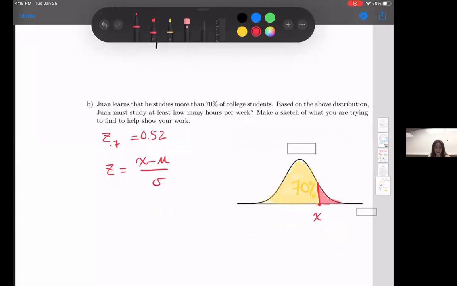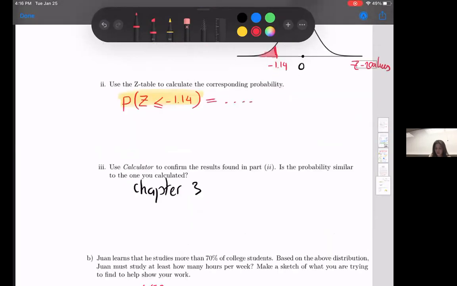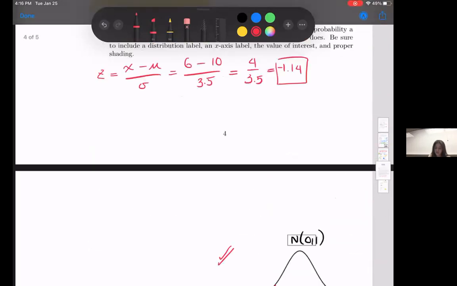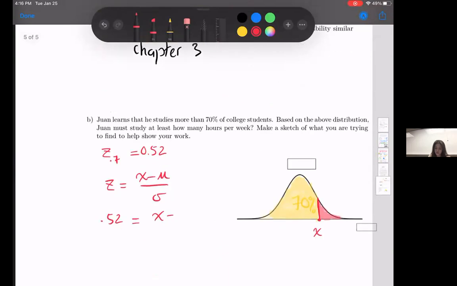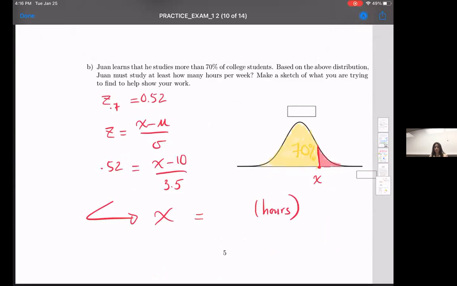Then it's not fine. Then plug it in and you solve. The mean is 10 and the standard deviation is 3.5. And you solve for X. Don't forget units, hours. That's part of the points.